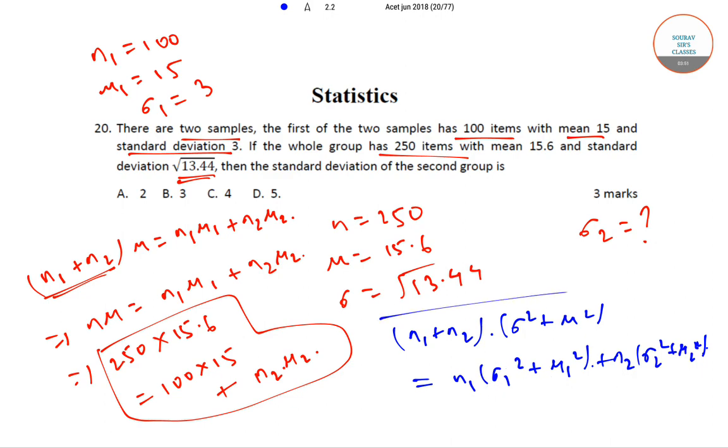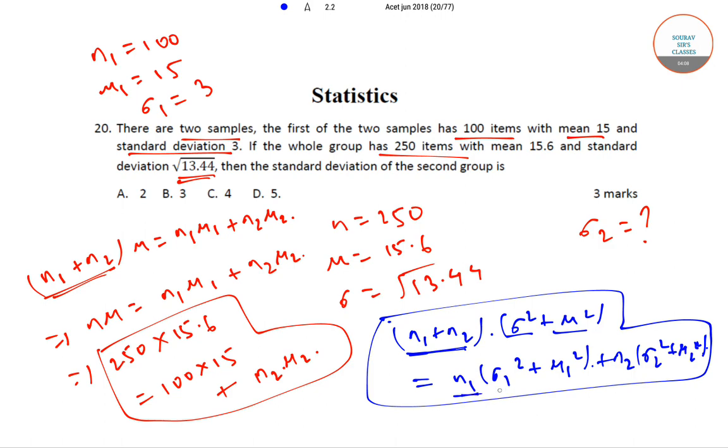And you'll get another equation using this. Just replace the value of sigma², mu², and we already know n1 + n2, that is n, and also replace the value of n1(sigma1² + mu1²).